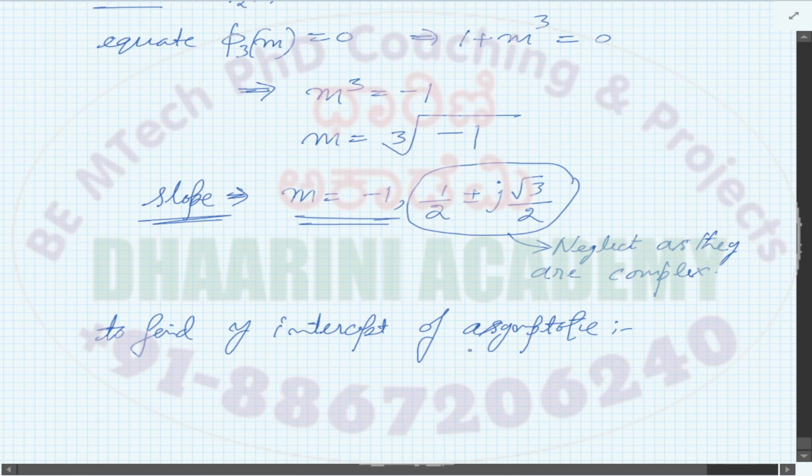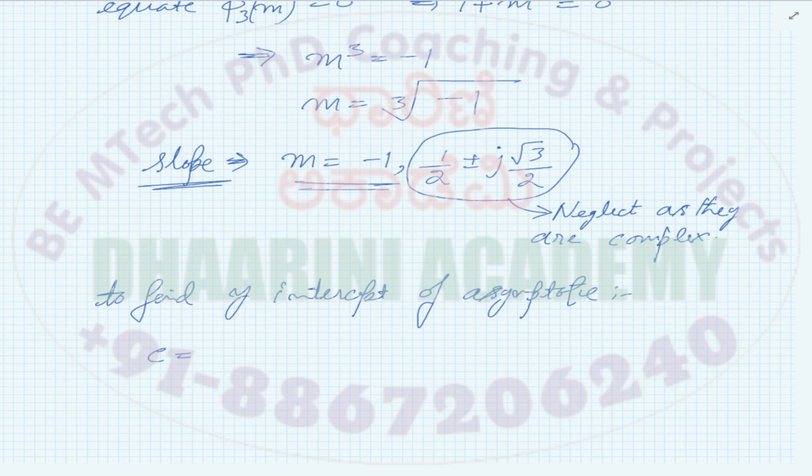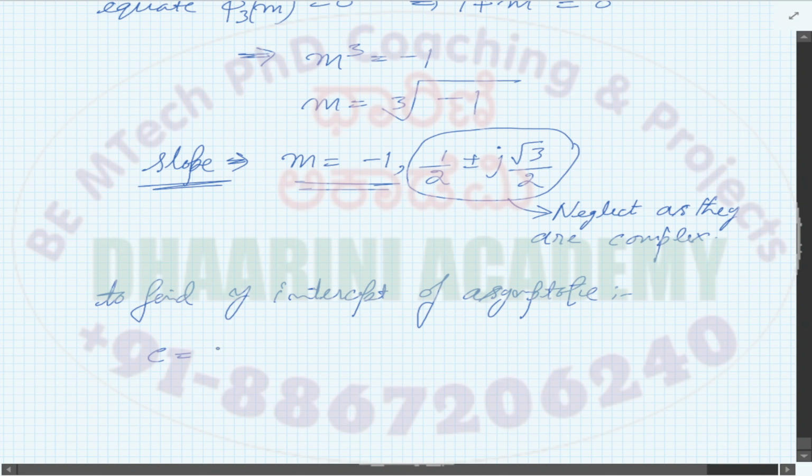So I'm calculating c. Remember one thing: the highest degree term goes to the denominator, and the term with one lesser degree comes to the numerator. So c is equal to minus phi 2 over phi 3 dash of m. Here phi 2 is the one with lesser degree and the highest degree is phi 3.